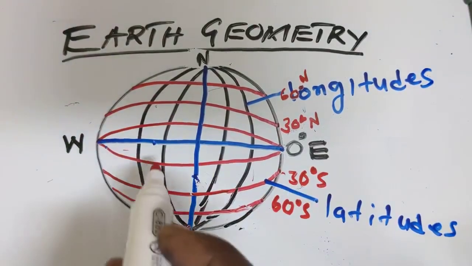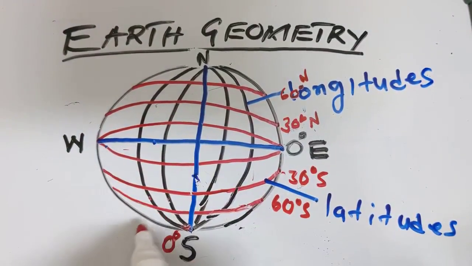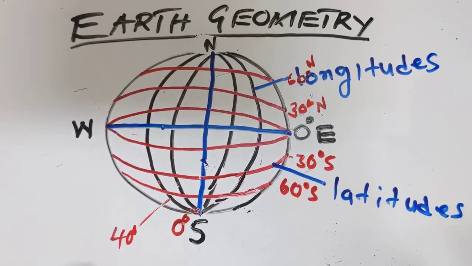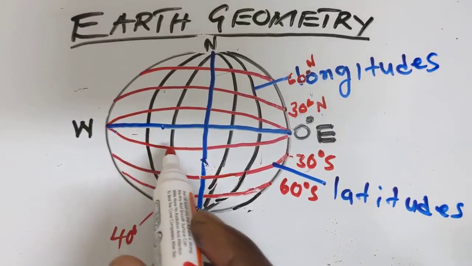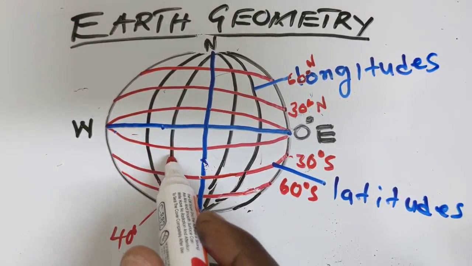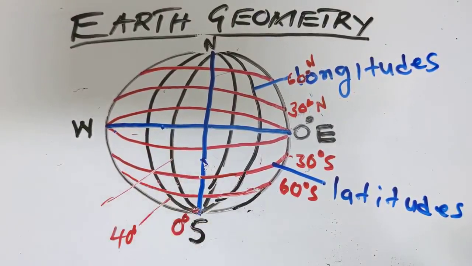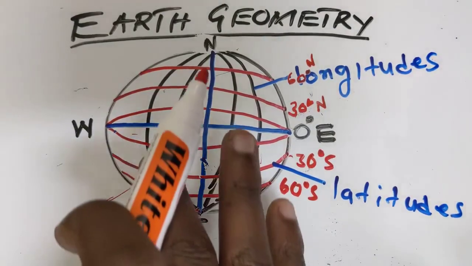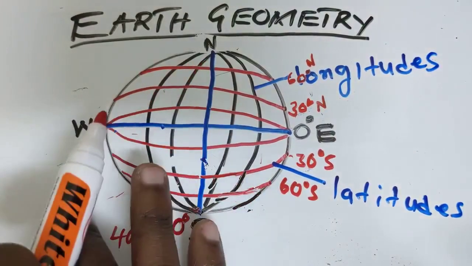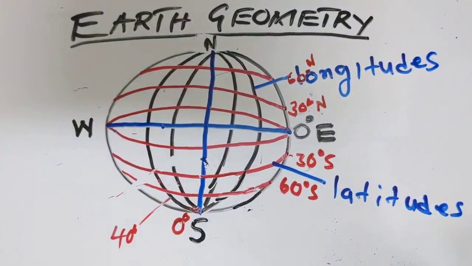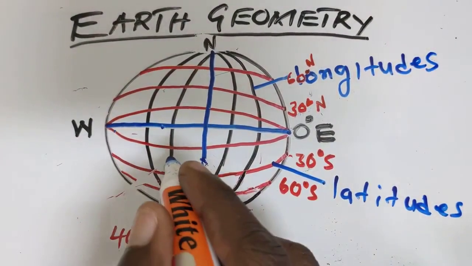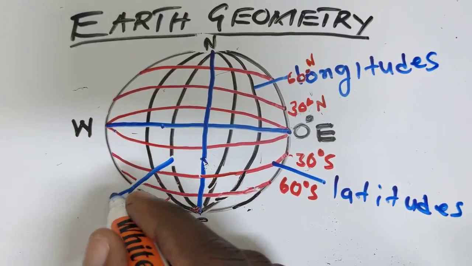So let's say this part right there, let's say it is 40. Okay, it is 40 degrees. Even this other part which is inside there. Okay, let me try to use a blue so that we are able to see.